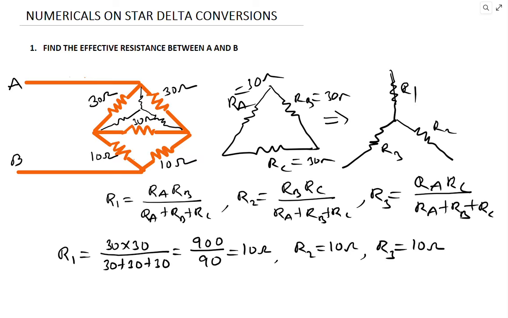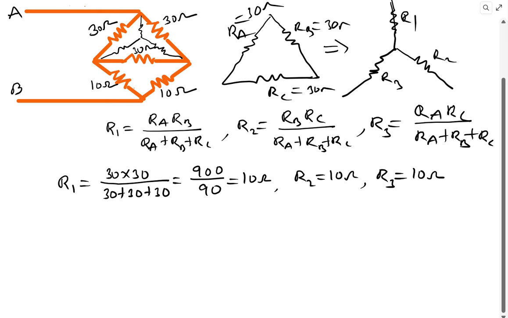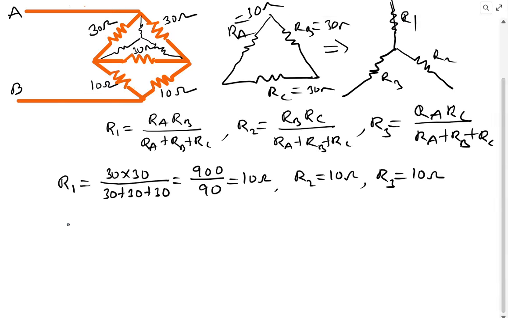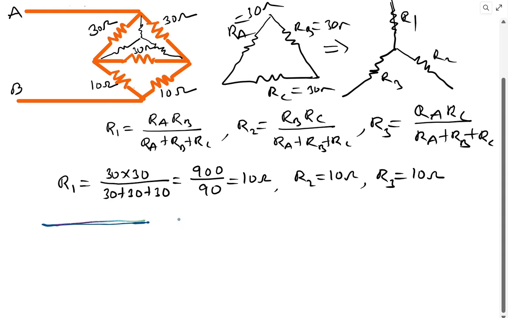Now the figure will be reduced here. So what is the new figure here? The new figure will look like this. Now you can see this will be like this.